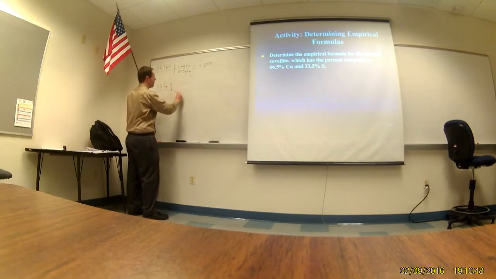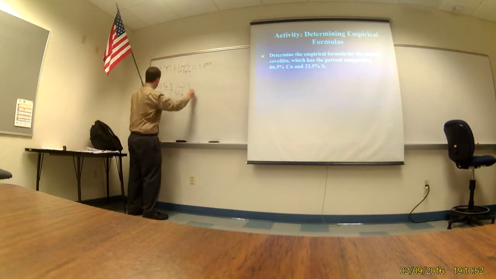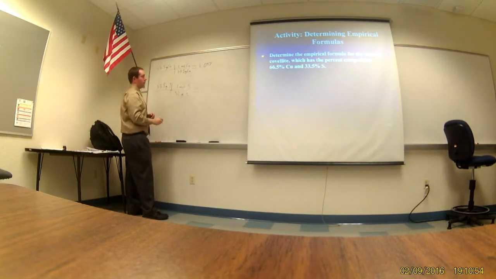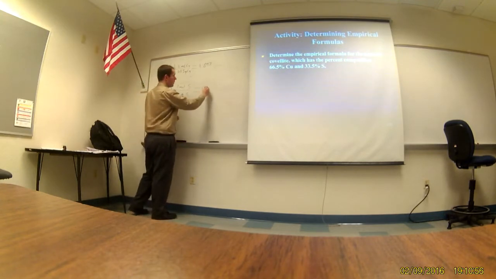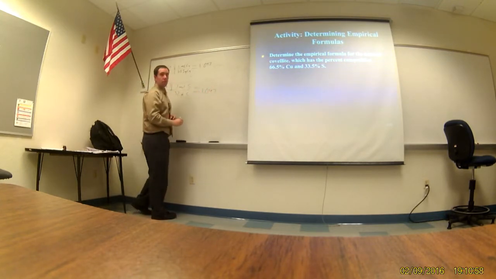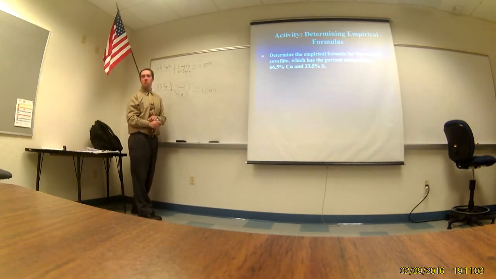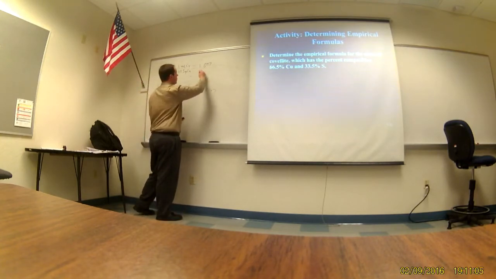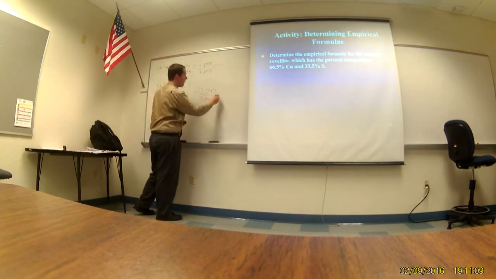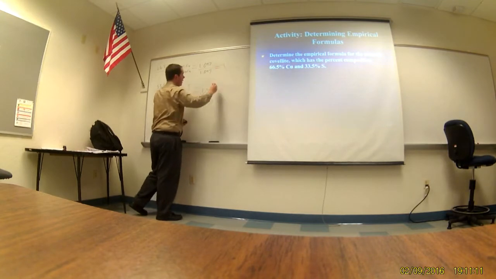Sulfur is 32. What is this? 1.047. So what's my smallest number? They're the same, so pick one. Divide by 1.047: 1.047 equals 1, equals 1.